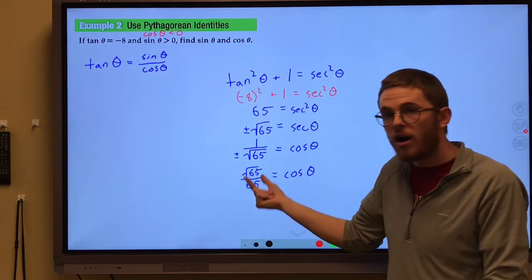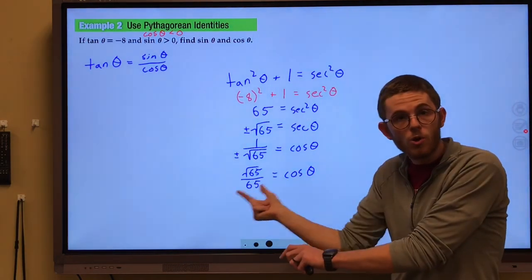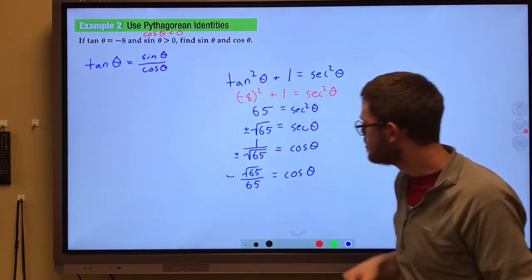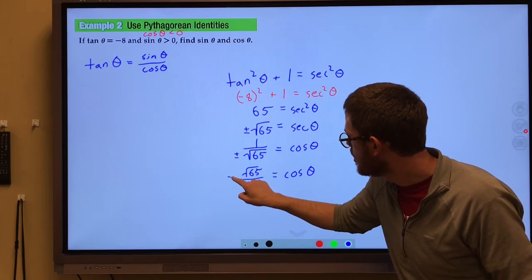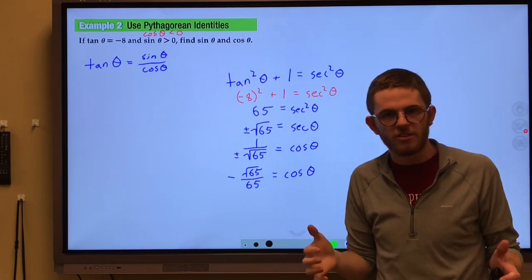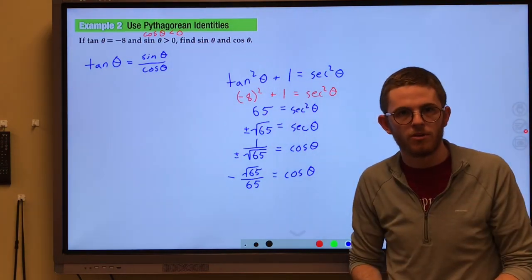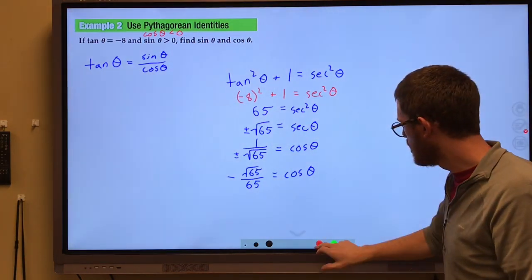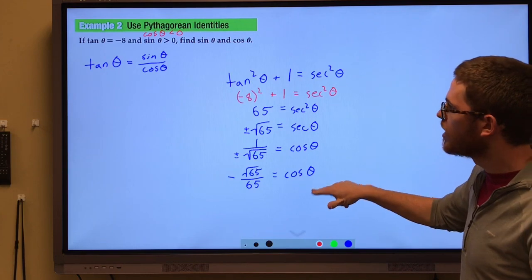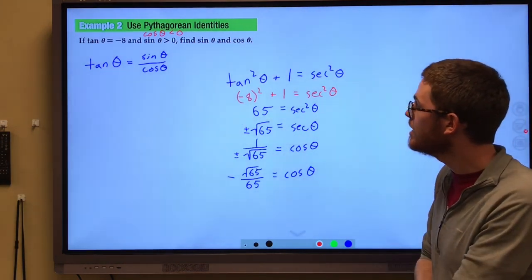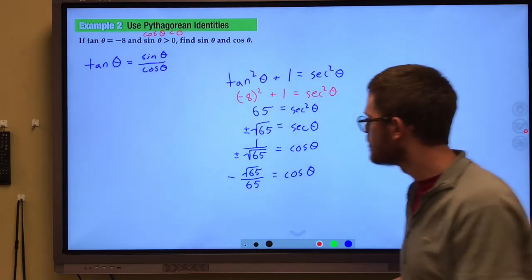Now it could be both positive or negative, but now we know it is cosine, and cosine must be negative. This would have to be a negative root 65 over 65, to make sure it follows everything we've been given in the problem. So now we have cosine. We know that tangent is sine over cosine, and we know what tangent is. That's enough information to finish this problem out.